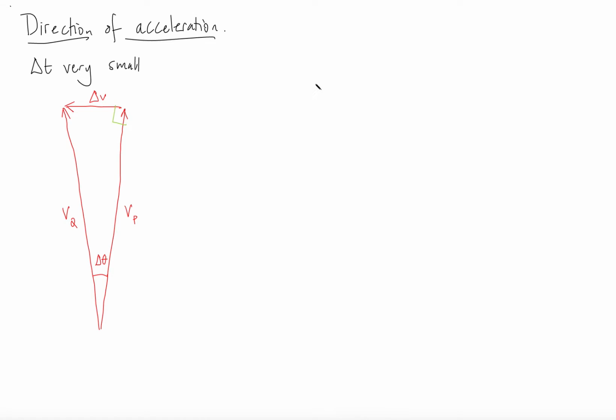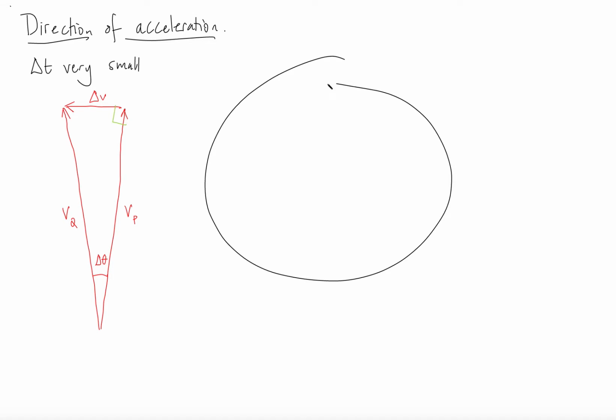So at any point on our circle where we have a velocity vector in red here, which is always changing, then the acceleration will be directed normal to that vector and pointing directly at the center of the circle.